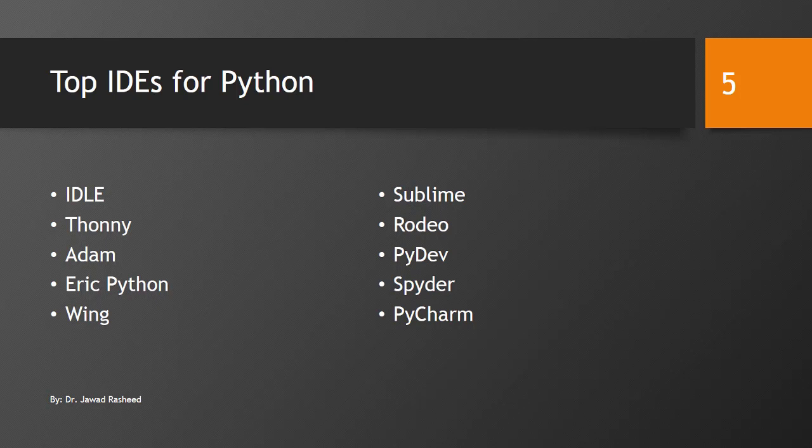Some of the quality features provided by Eric Python are formatable window layout, formatable syntax highlighting, code folding, which is selecting or showing or hiding some part of your code. So if you want to hide some part of your code, you can use this feature of Eric Python, which is called code folding. Using this feature, you can hide or show all of your code or hide some part of your code.